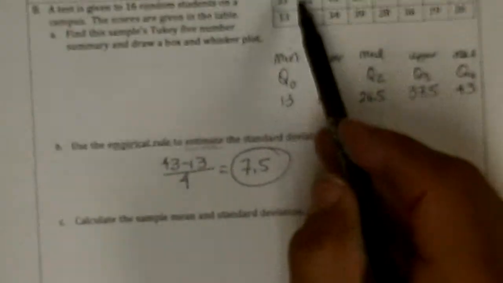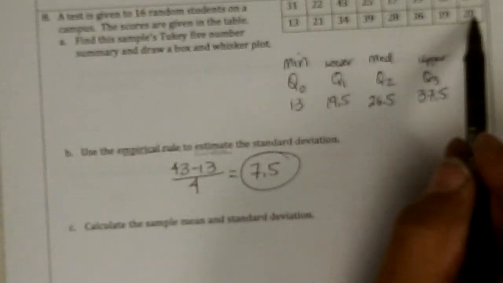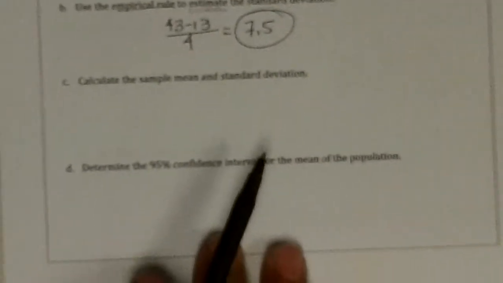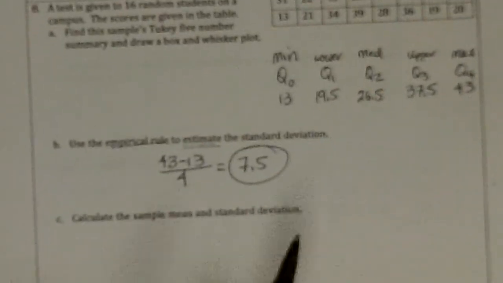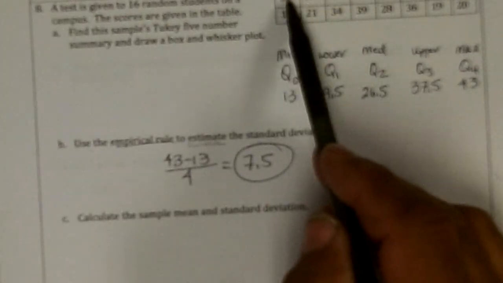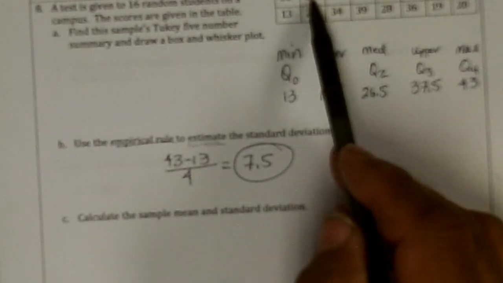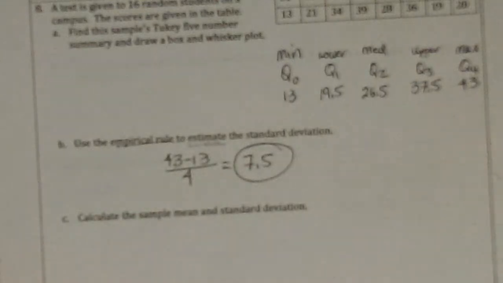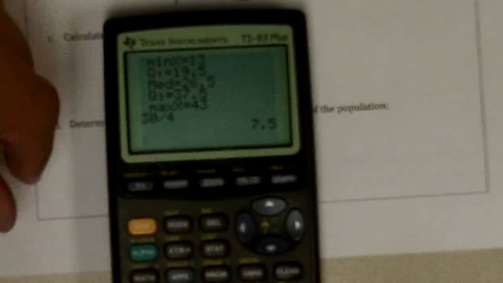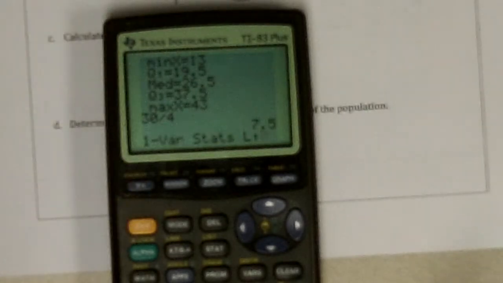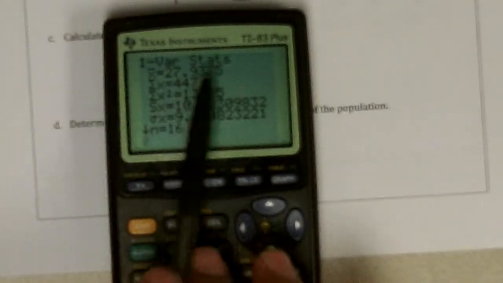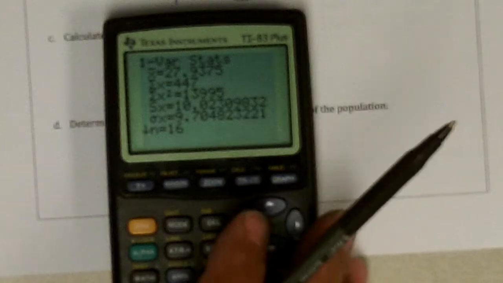Calculate the sample mean. Well, I could just go through and add all these up and then divide by 16, or do the expected value, 31 times 1/16 plus 22 times 1/16 all the way through, and I could do it that way also. It turns out that the mean is what we had here already, 27.94.